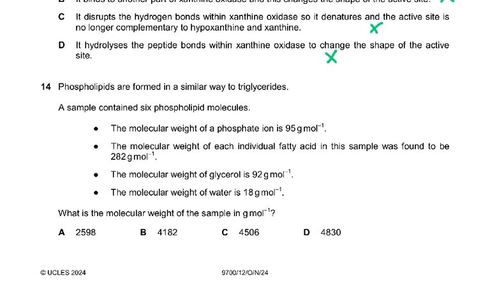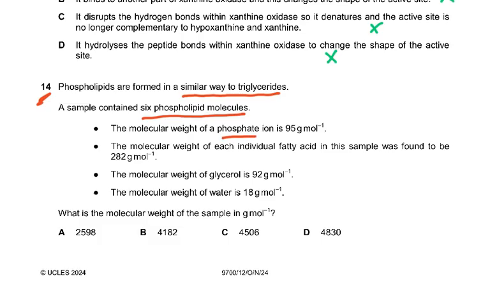Now coming to this, a very interesting question. It took me quite a while to really figure this out. Question number 14. Phospholipids are formed in a similar way to triglycerides. In a similar way to triglycerides, please remember, formed. A sample contains 6 phospholipid molecules.